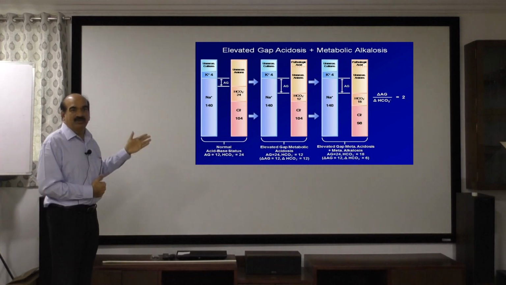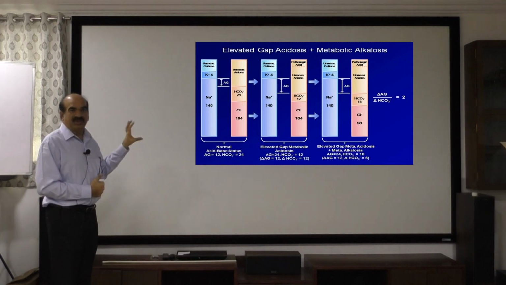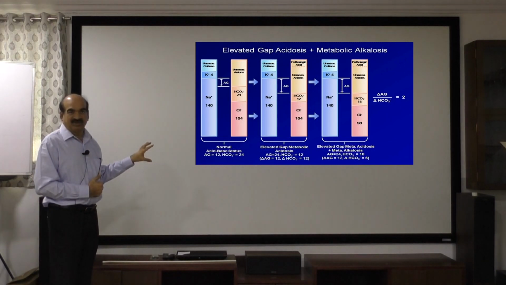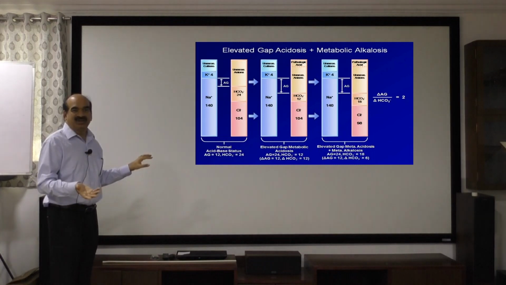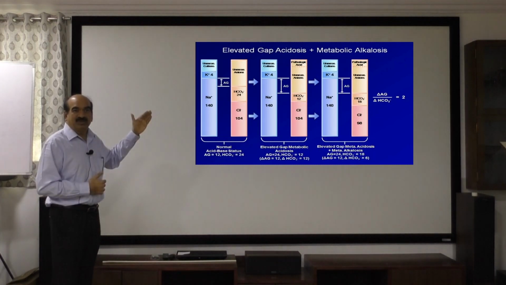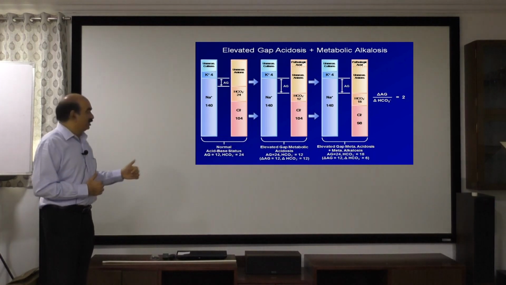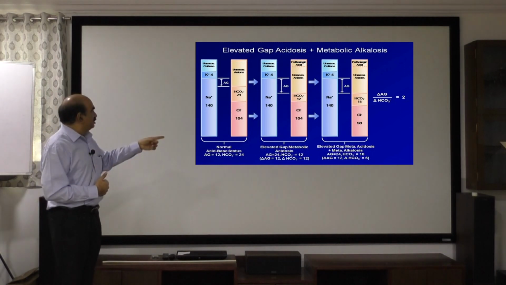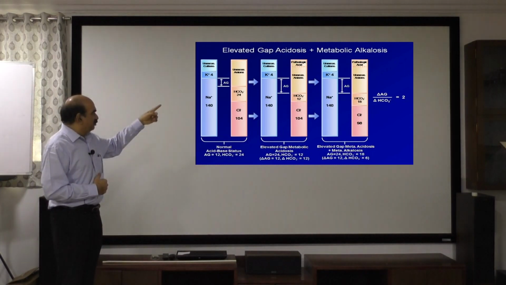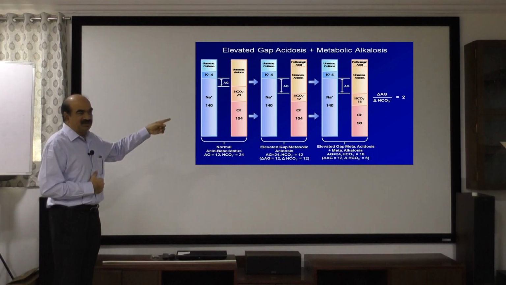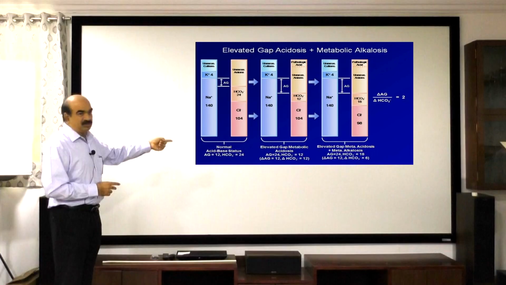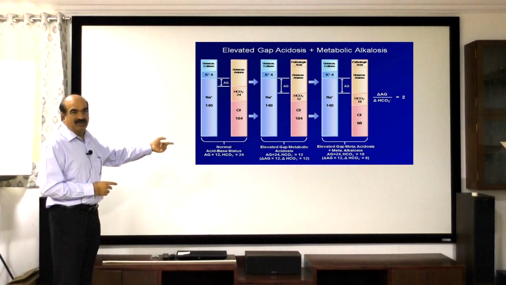How much bicarb do we expect? 24 minus 12. In a pure case of high anion gap metabolic acidosis, if there is no additional disorder or process, we expect a similar decrease in bicarb. So here there is a 12 increase in anion gap and a 12 decrease in bicarb. How much is the delta anion gap?